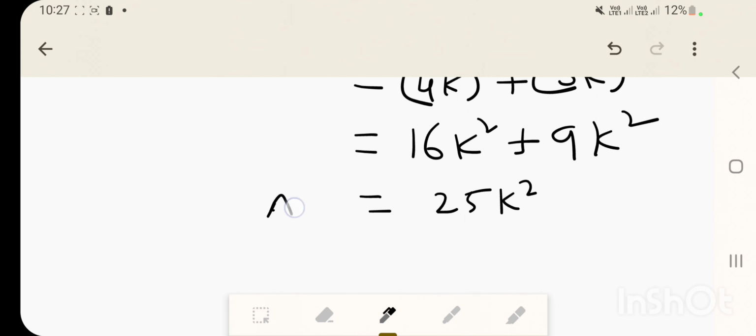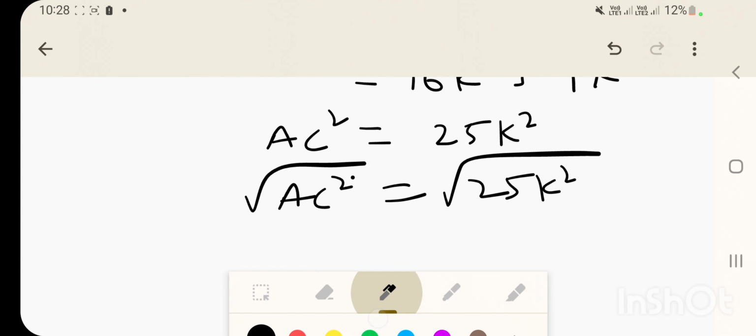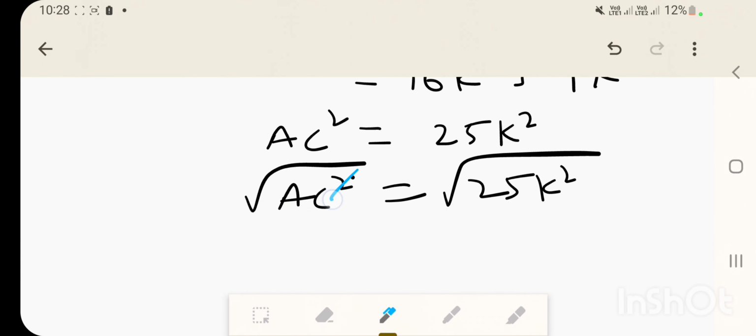This is nothing but AC square. So if you take the square root on both sides, we get the square root of AC square equals the square root of 25K square. The square and the square root are going to get cancelled from both sides.